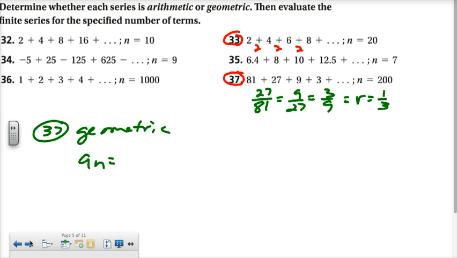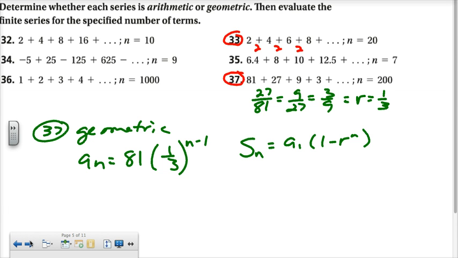And a sub n equals a sub 1, which is 81, times r, 1/3 to the n minus 1. And then I start thinking about what they want me to find, and they want me to find the sum. So the sum of the first 200 terms, I have to use my finite geometric series formula.